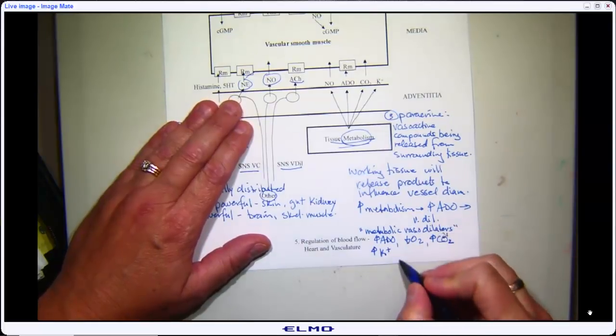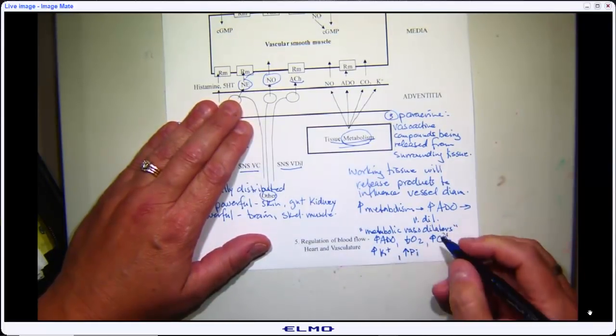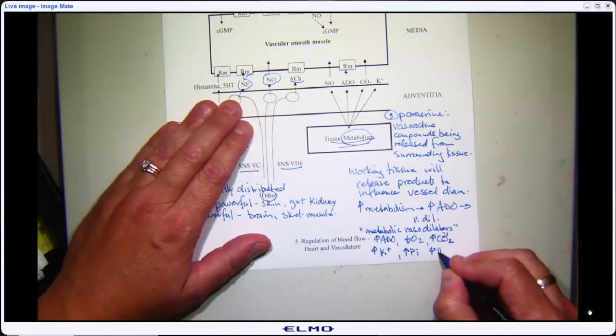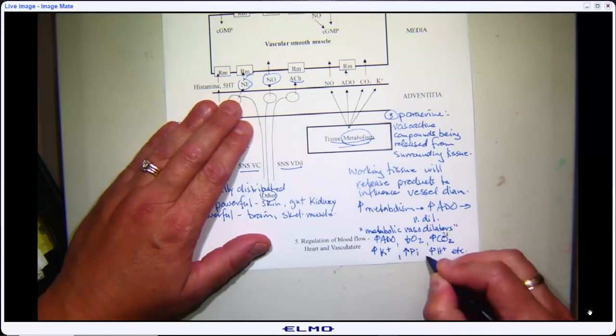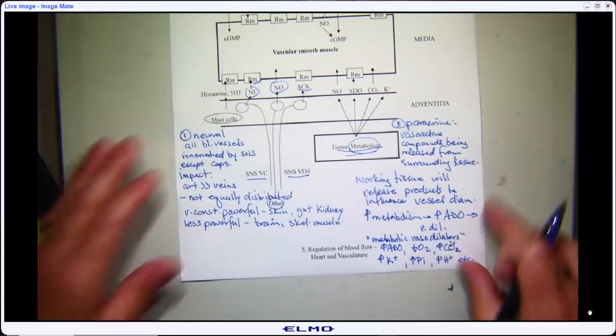It's a vasodilator. Inorganic phosphate from breaking down ATP. Hydrogen ion from breaking down ATP. All kinds of signals coming from an active skeletal muscle, diffusing to the smooth muscle to change radius, to change resistance, to change flow. Okay, so that's the reason for that type of communication.